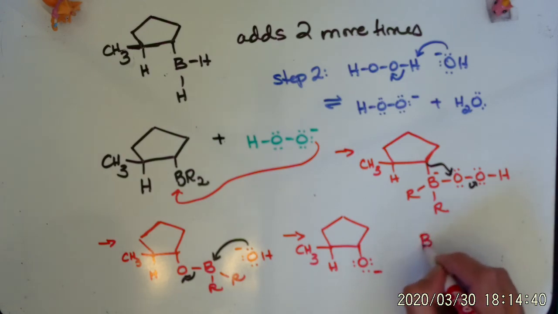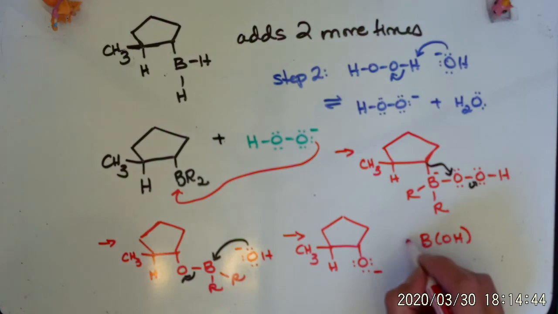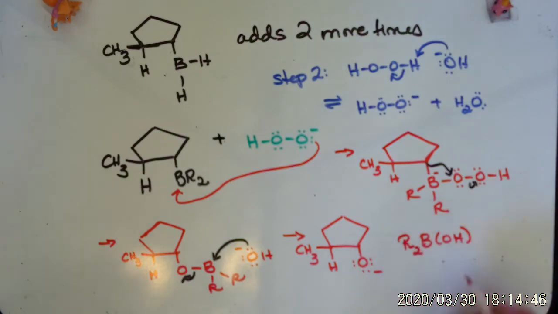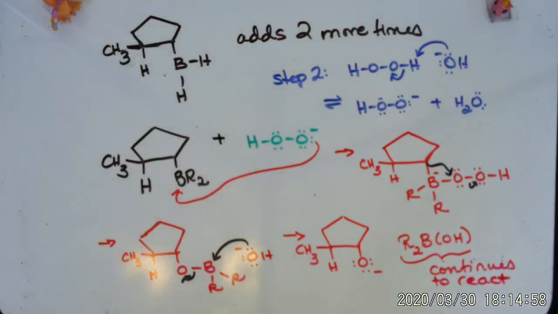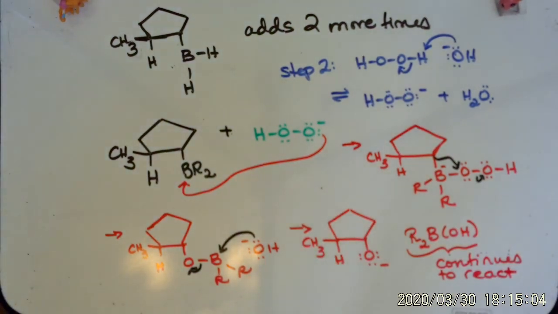Now you have the first hydroxide and your boron, 2 R groups, so this will continue to react. Okay, while that continues to react, let's see what happens with my alkoxide.